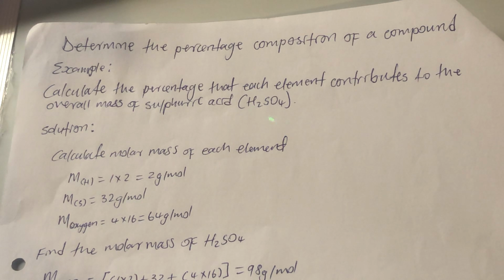But if you check here on the compound, we do not have 1 hydrogen. We have 2 of them. This means that the mass number of hydrogen, the one that I've shown you on the periodic table, must be multiplied by 2.